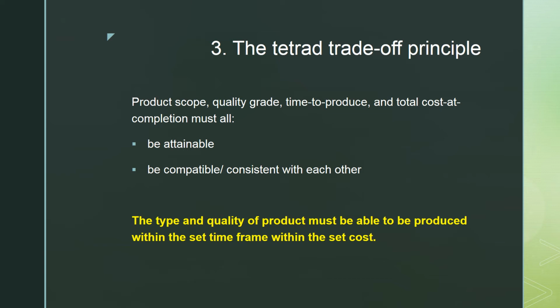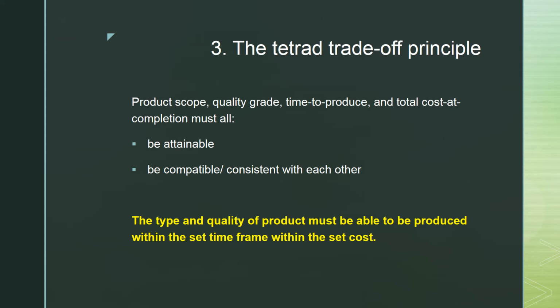Make sure when you are setting off, when you're initiating a project, make sure it is attainable, right? The product scope is attainable, the quality grade is attainable, the time to produce the particular product your project is aiming to produce is attainable, and the total cost at completion must be attainable.